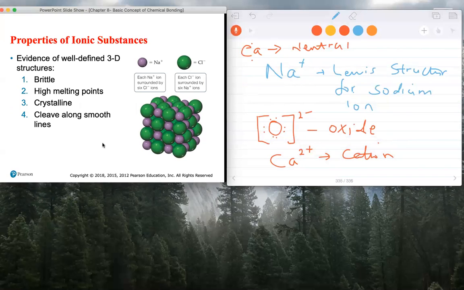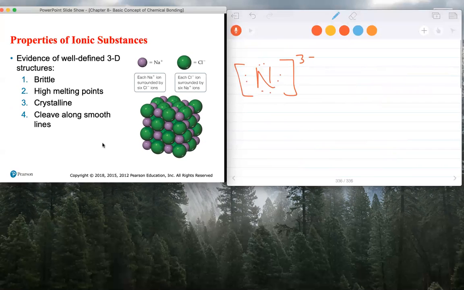So having said that, knowing what constitutes an ionic compound, a metal and a non-metal, you also need to know the properties of ionic compounds.